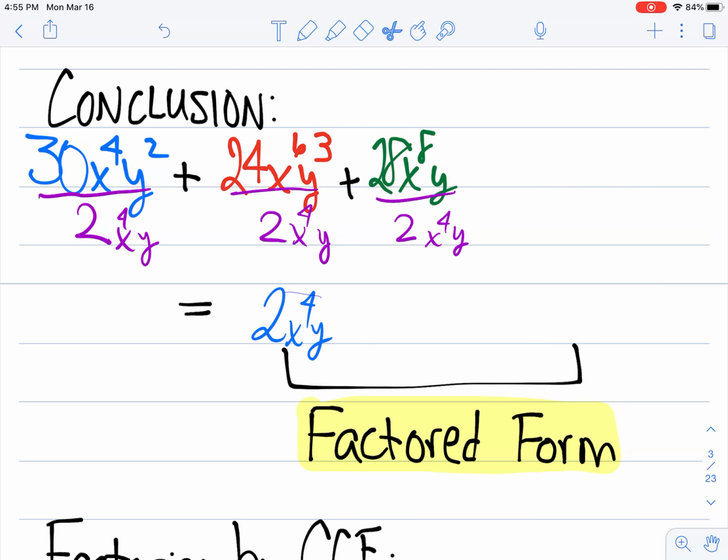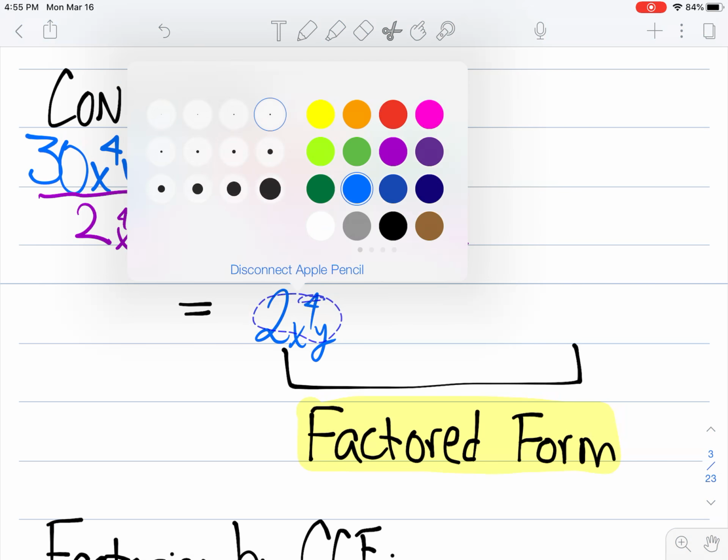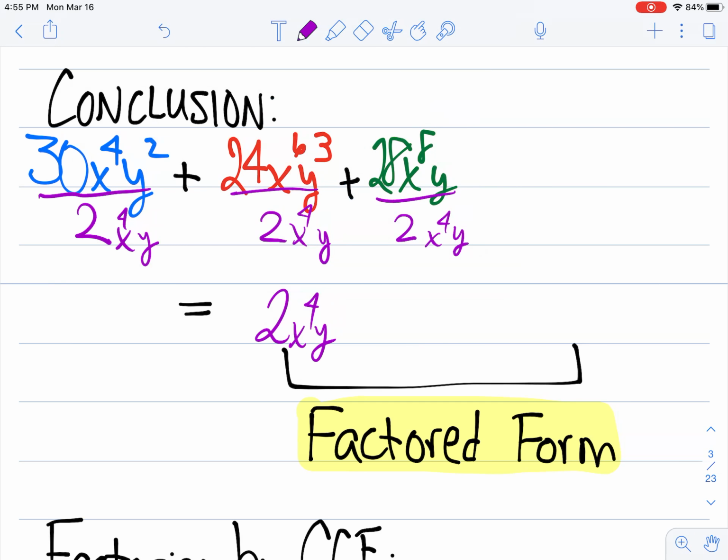Let's change that color to purple since everything else is purple there. Change it real fast, and then we'll put the other factor in orange just to differentiate it a little bit. 30 divided by 2 is 15. The x's cancel out, 4 minus 4 is 0. 2 minus 1 is 1, so I'll have 15y. And then for the next term, I'll have 24 divided by 2, which is 12.